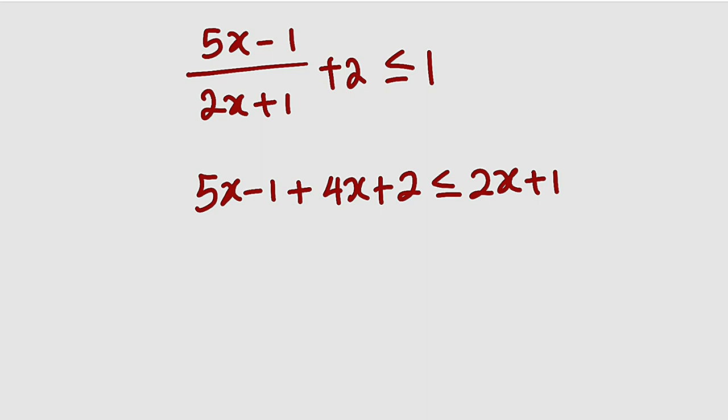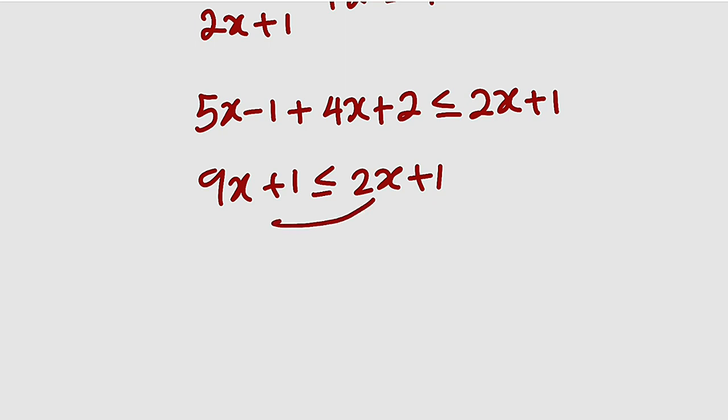Let us collect the like terms. We have 5x plus 4x making 9x. Then negative 1 plus 2 is positive 1, less than or equal to 2x plus 1.